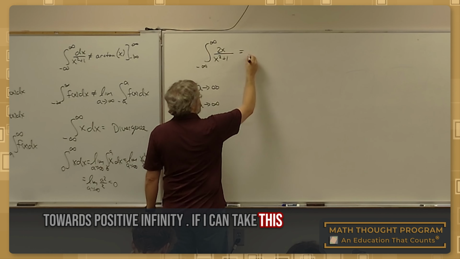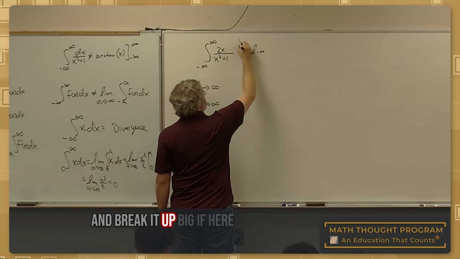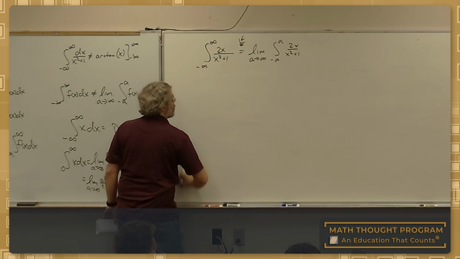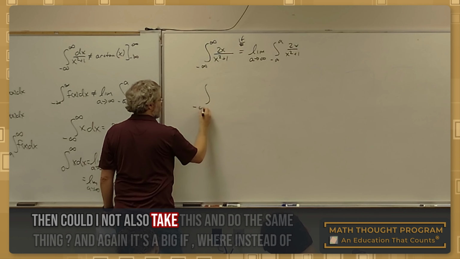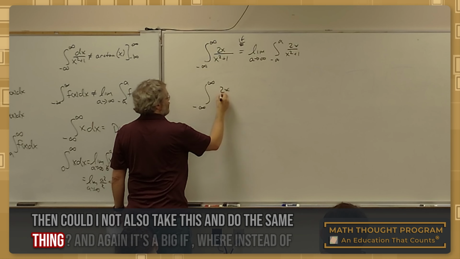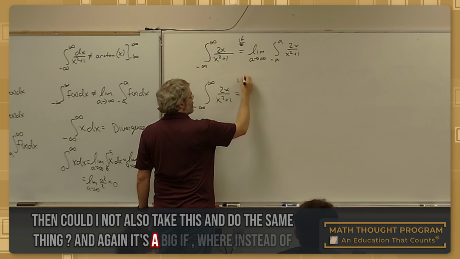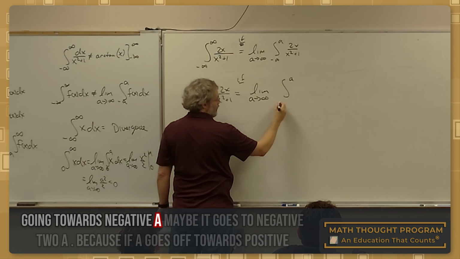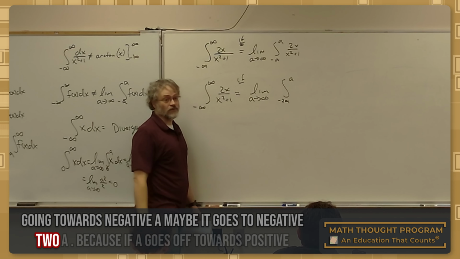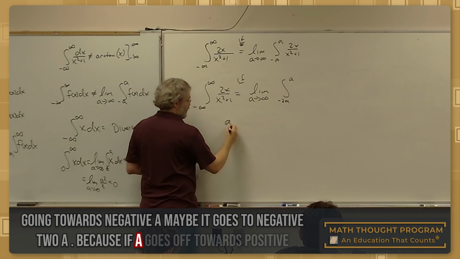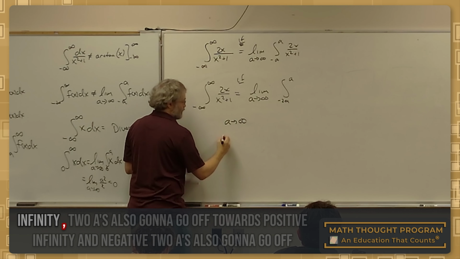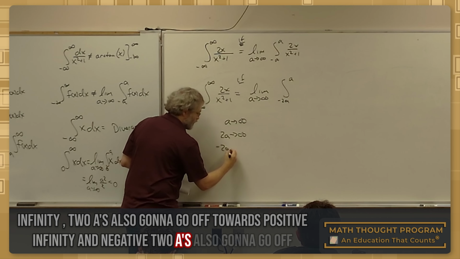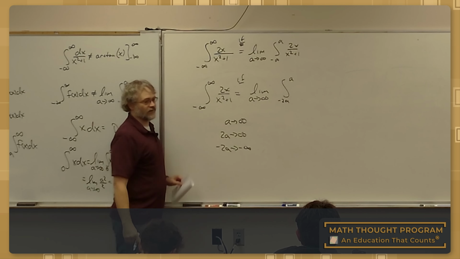If I can take this and break it up, big if here, then could I not also do the same thing, and again, it's a big if, where instead of going to negative a, maybe go to negative 2a? Because if a goes off towards positive infinity, 2a is also going to go off towards positive infinity, and negative 2a is also going to go off towards negative infinity.